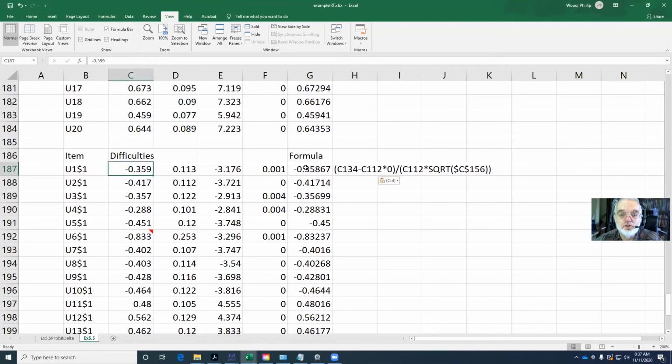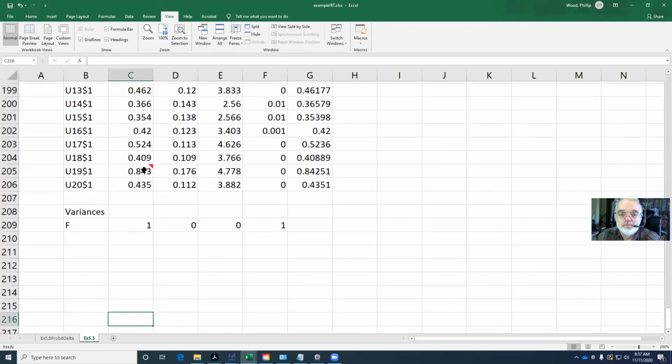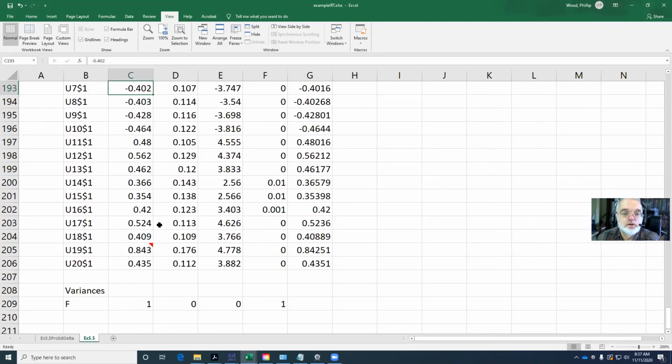Those formulas go to various parts of the printouts, pull those numbers, and give you the numbers that you're seeing there. Okay. So this was the highest difficulty item. It's got the highest value there.